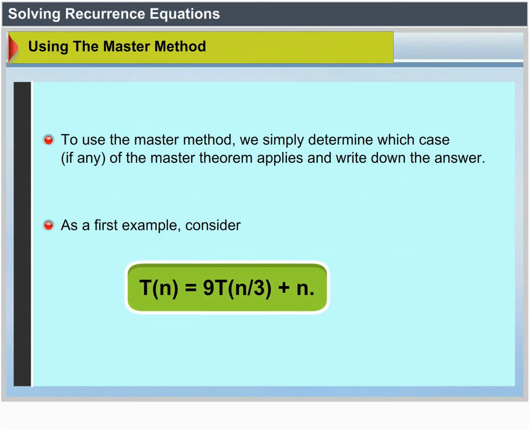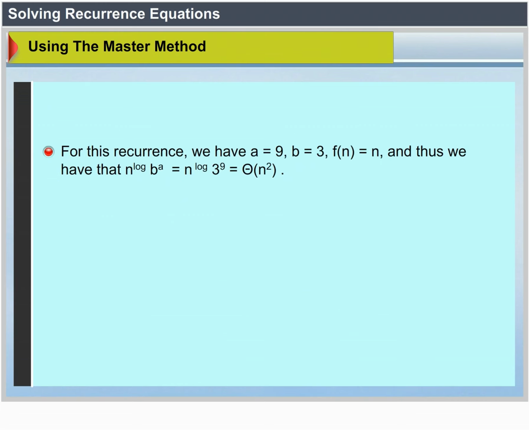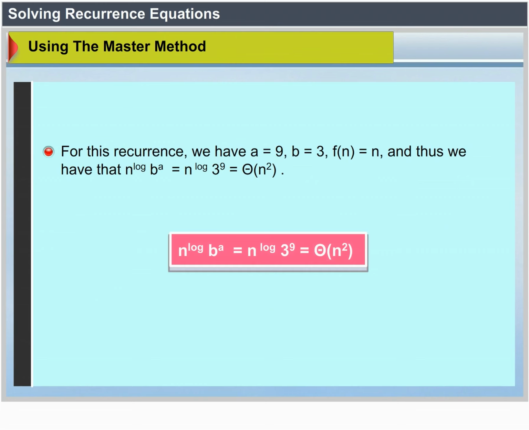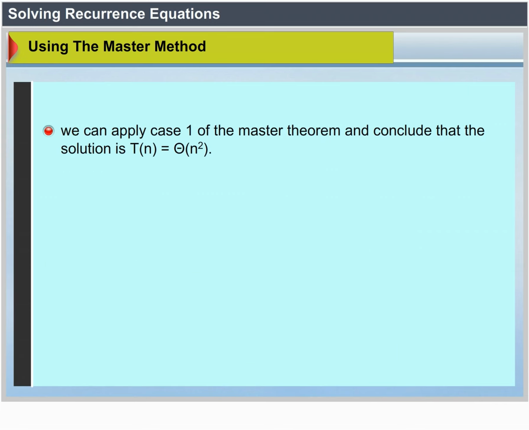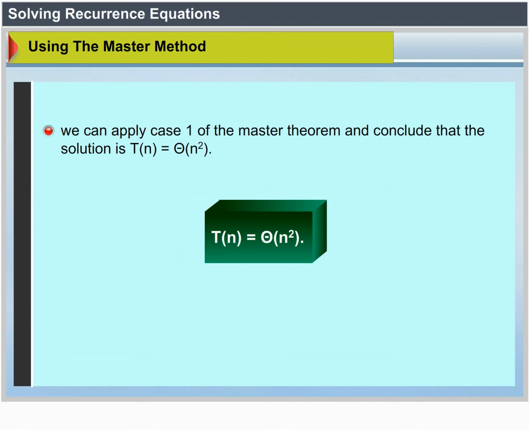For this recurrence, we have a = 9, b = 3 and f(n) = n. Thus n^(log_b a) = n^(log_3 9) = theta of n squared. Since f(n) = O(n^(log_3 9 - epsilon)), where epsilon = 1, we can apply case 1 of the master theorem and conclude that the solution is T(n) = theta of n squared.